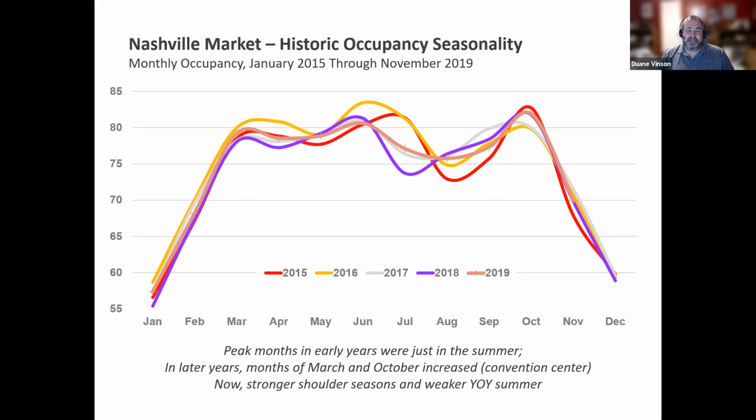Now this is a great graph because it shows you how we have a strong peak season, right, in the middle of the summer here in Nashville, but we also have very strong shoulder seasons, right? Very strong March and April, very strong September and October, spring and fall conference seasons, convention seasons, very, very strong here in Nashville.